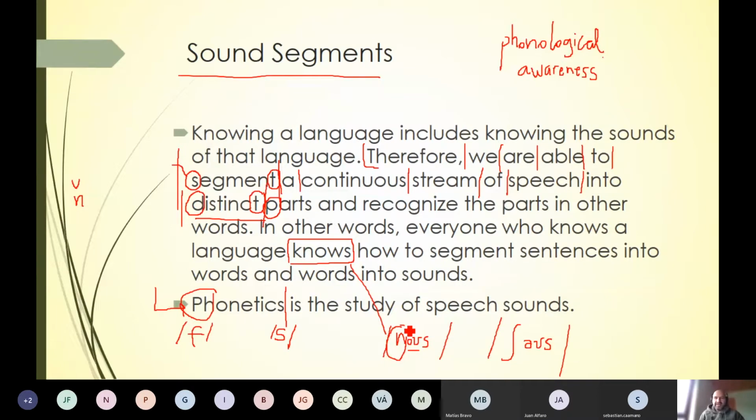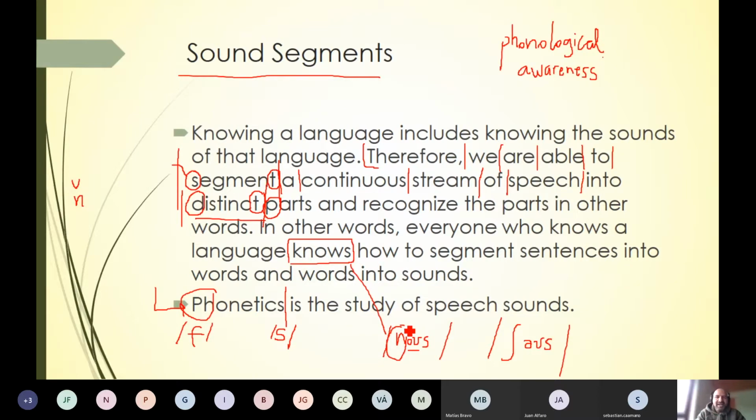That is very critical when you are learning to read in a language, right? For example, in Spanish, when you were a child, they taught you how to combine sounds: la T con la A, and you were supposed to say ta, right?